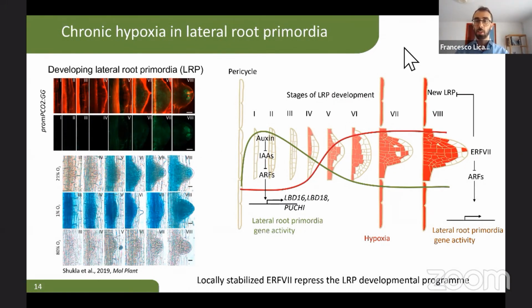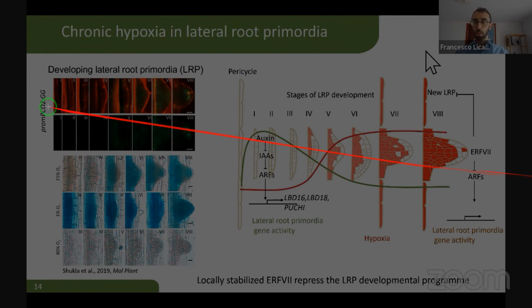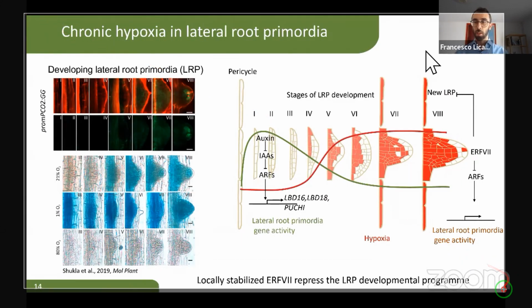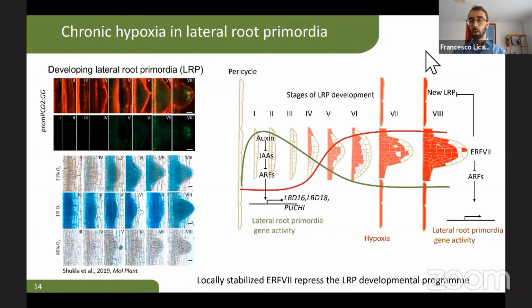This is then translated into the developmental program by ERF7 inactivating, by dimerization, the auxin responsive factors, and so terminating the lateral primordium program and facilitating the establishment of the meristem, but also preventing nearby lateral root primed pericycle cells from becoming lateral root primordium.